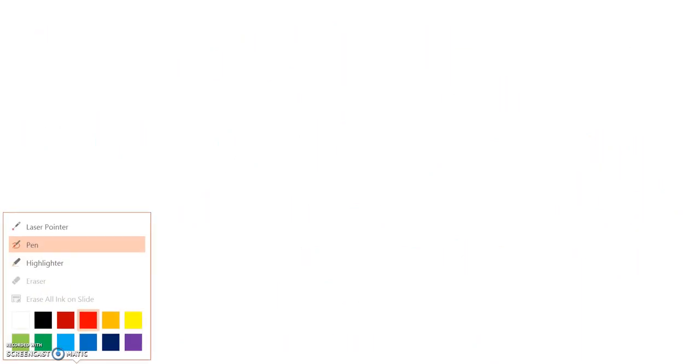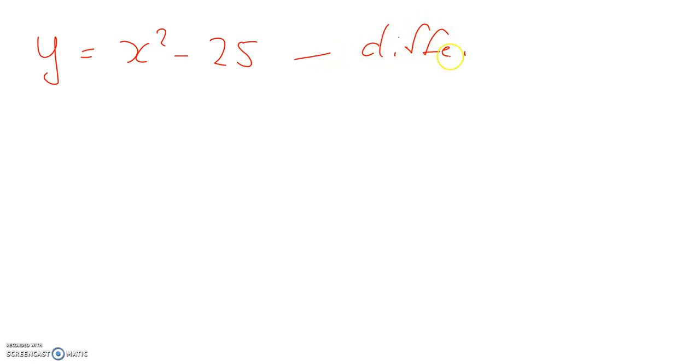Give you another example now. I'm going to take y equals x squared minus 25. This is a different one, because we call this the difference of two squares.